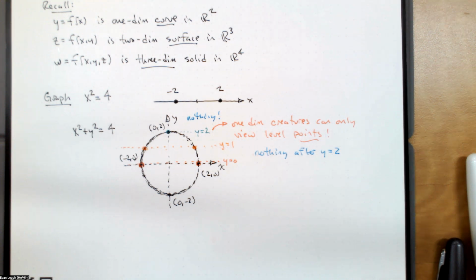They see the 2 points starting at plus and minus 2. They see those 2 points getting close together. When y is equal to 2, they see 1 point, and then they see nothing. Because they're one-dimensional creatures, they only have the x-axis to work with.